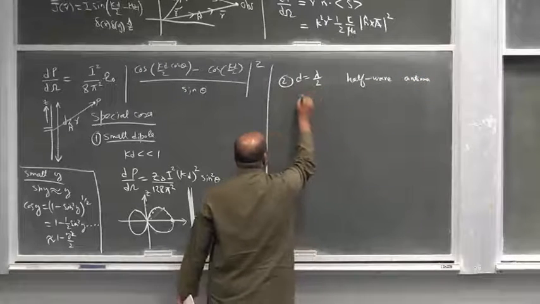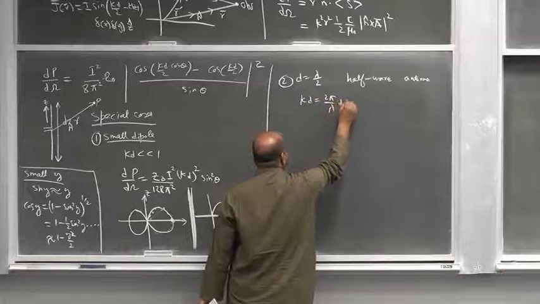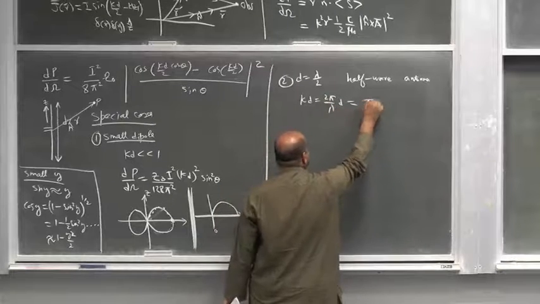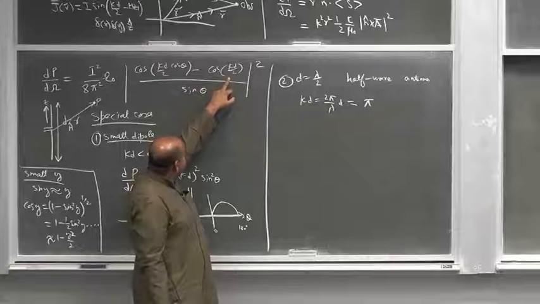So when D is lambda by 2, kD is lambda by 2, lambda cancels, 2 cancel, this is pi, and this is pi. Cosine pi is -1.